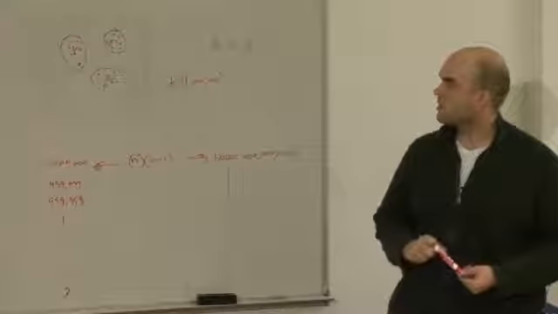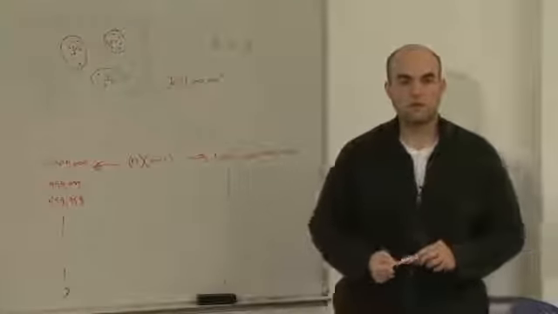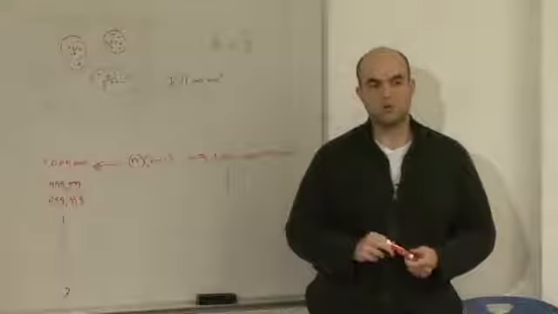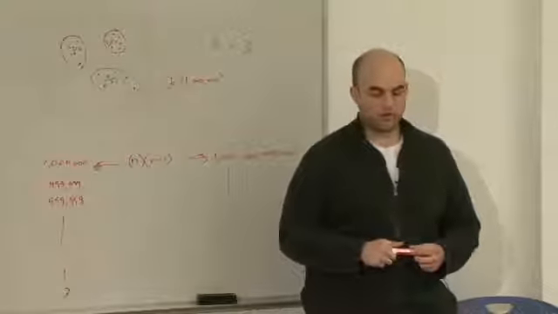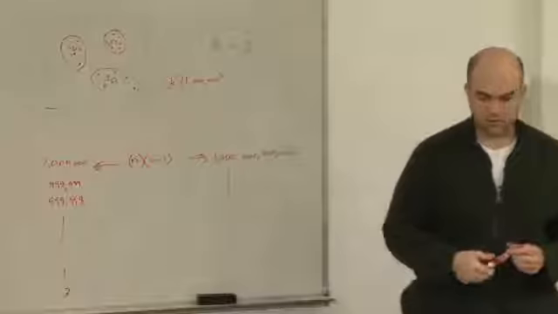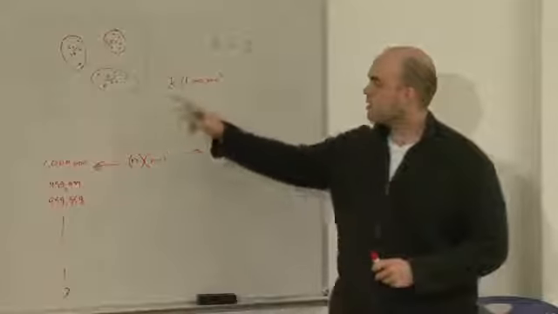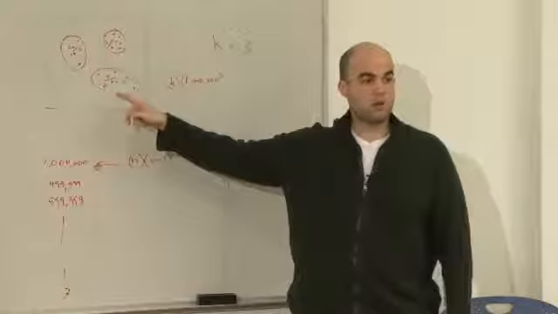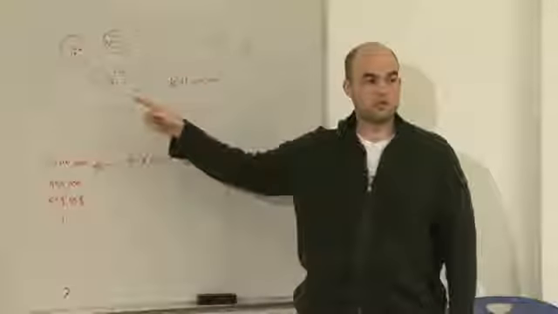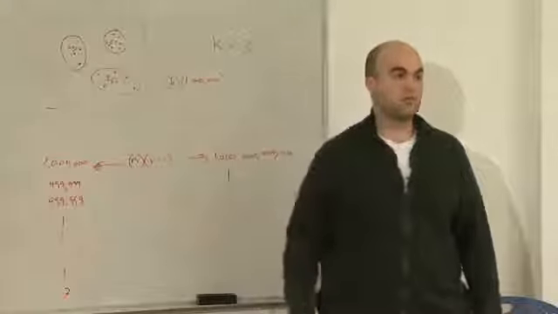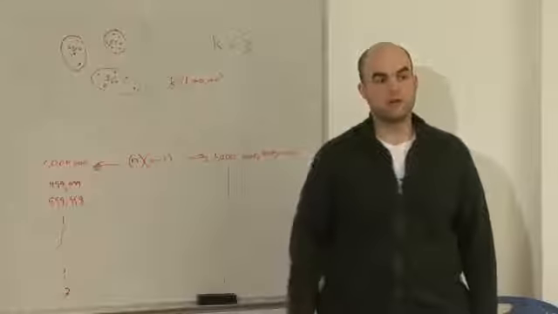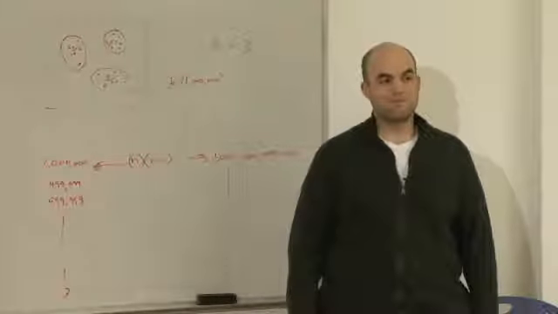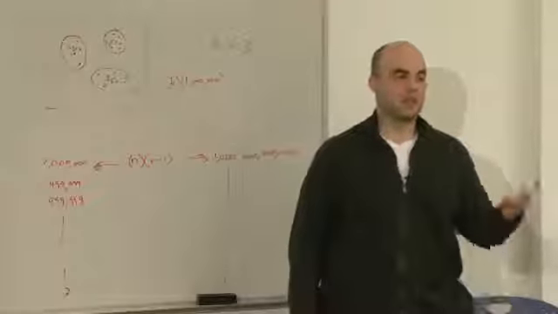There's a degenerate condition with k-means. If my stopping criteria is that the centroid doesn't move, what's a really easy way to make the centroid not move? By choosing k equals n, right?